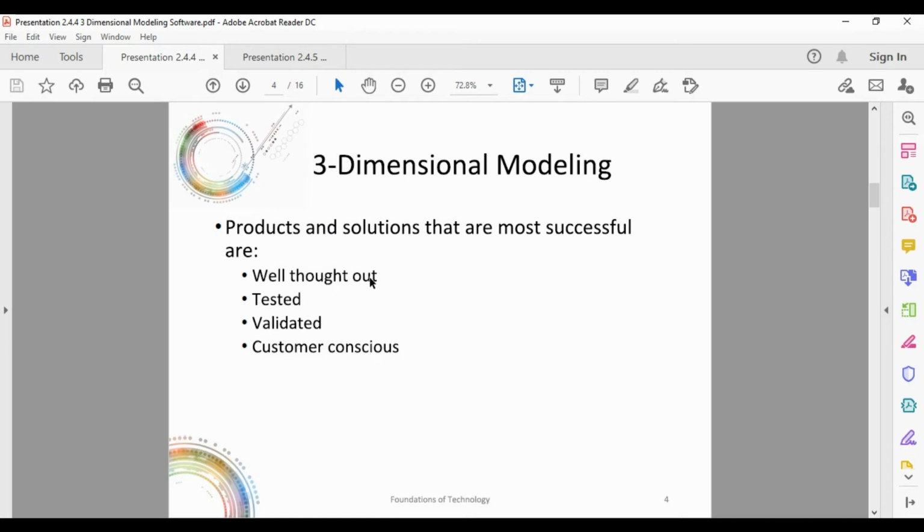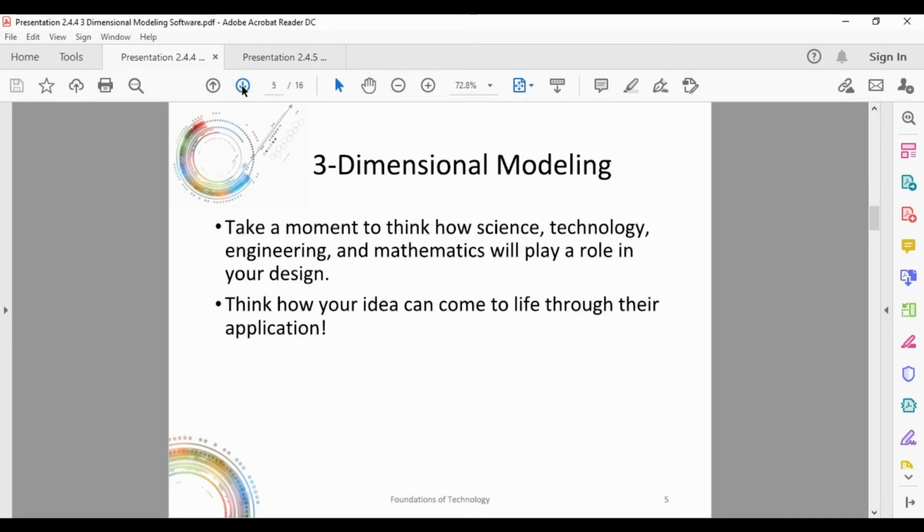You can't just start building and hope that you get there. You have to already have a pretty solid understanding of what you're making and how it's going to work before you ever actually get into trying and designing it. And then these others go into the idea of universal design and testing.